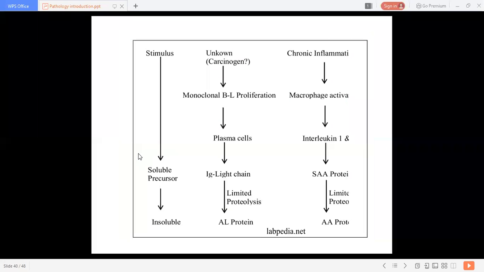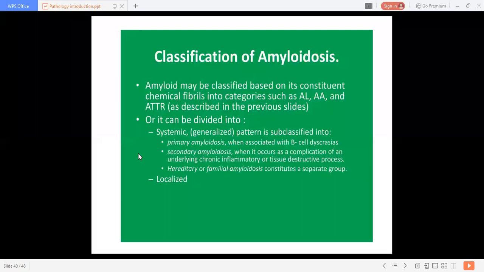If you want, you can take a screenshot of this slide also. Okay. Now the classification of amyloidosis.